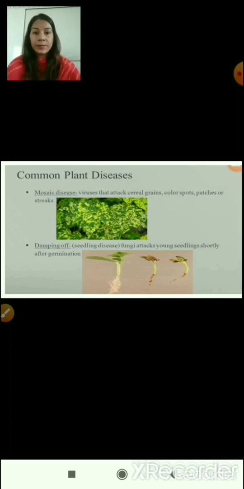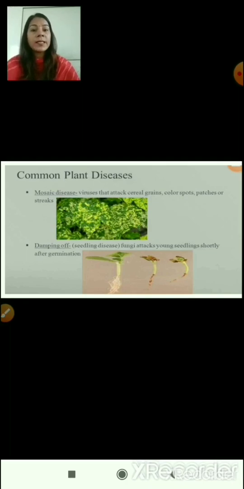Now I will give you some examples of common plant diseases. Mosaic disease. Viruses attack the cereal grains in this disease, and if the plant is attacked by this disease, you can easily identify that plant with the help of color spots on the crop plant. Patches or streaks are formed on the leaf of the crop plant.